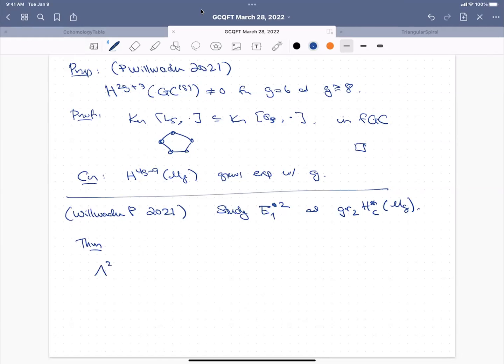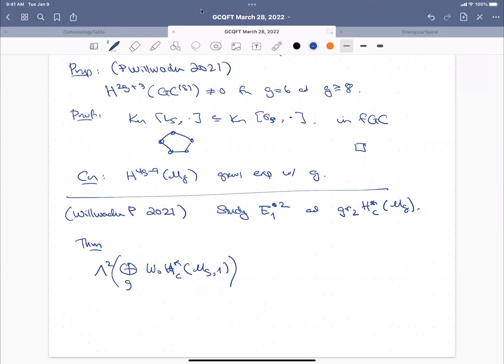So we have wedge 2 of the direct sum over g of weight 0 compactly supported cohomology of M_{g,1}. So that would be the cohomology of a commutative graph complex with one leg or one hair.